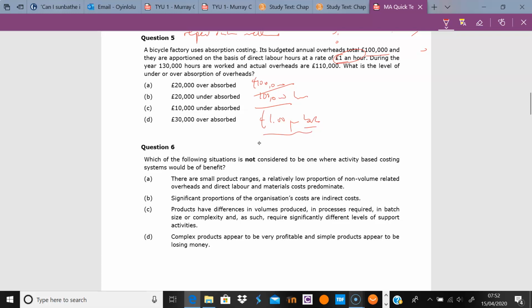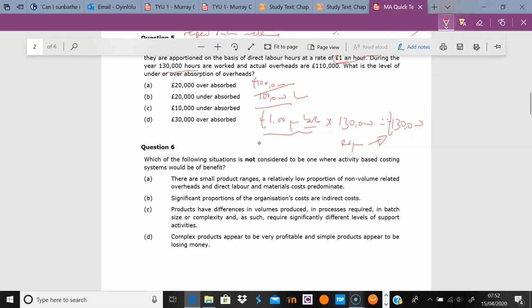So he's recording for every hour that comes up from the labor budget, the labor team, if you like. Remember, we're dealing with overheads here, not direct labor, but because the overheads depend on the labor, he's recording £1. So overall, he currently has £130,000 as an expense for overhead that he has recorded when preparing his profits.